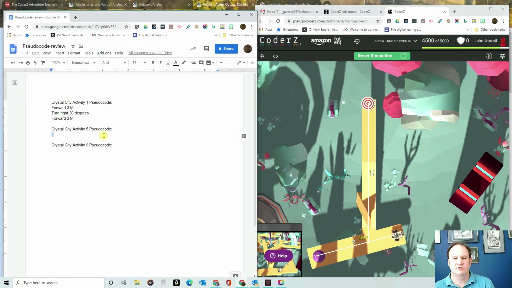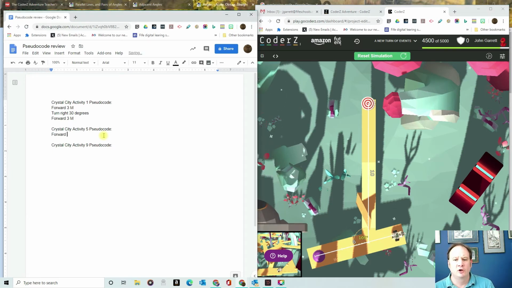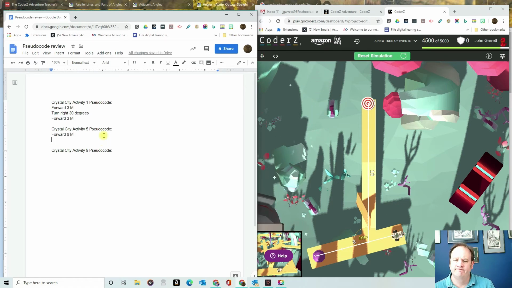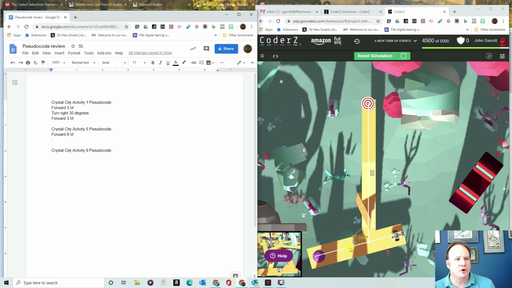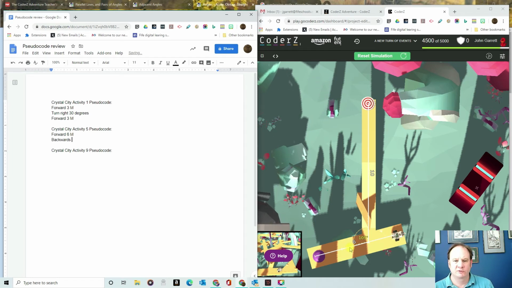So to pseudocode this out, it looks like I got to go forward 6 meters, and then I got to come back. I don't know how much I've got to come back, so maybe I got to go backwards. Well, it's kind of half, so maybe backwards 3 meters.